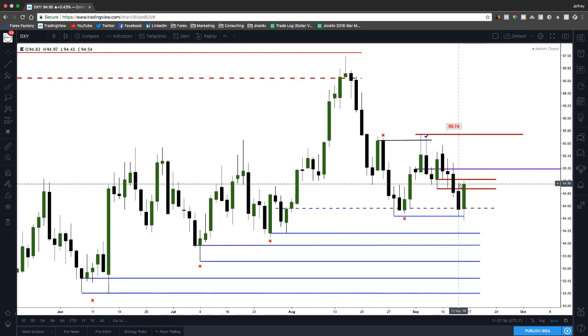So the fact that we're within this ICT bearish order block, I think once this market opens, we could get a little bit of bullishness, but I would not expect it to go back above 95.20. As long as we remain below 95.20, I'm thinking we're going to continue bearish, and we'll continue shooting for the daily liquidity below the market.